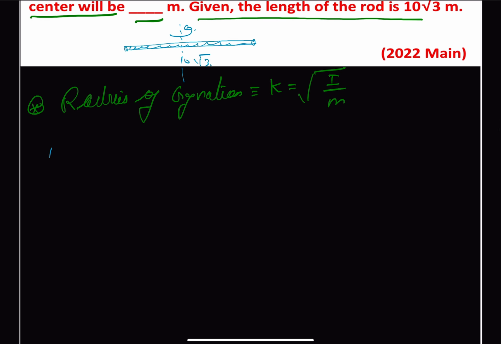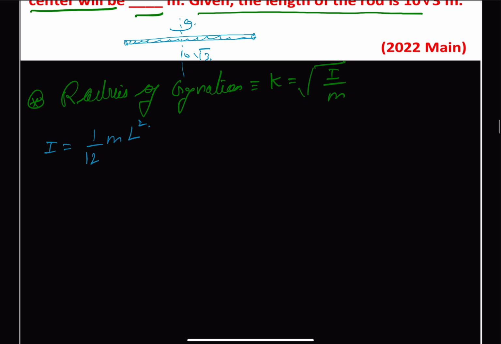Therefore we can say the moment of inertia will be equal to 1 by 12 m l square, and therefore the radius of gyration k will be equal to the square root of 1/12 m l square divided by m. Here mass and mass cancel out.